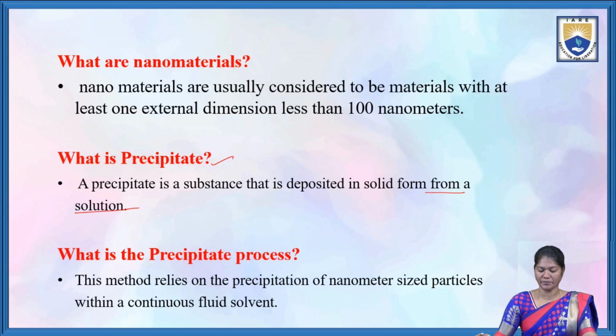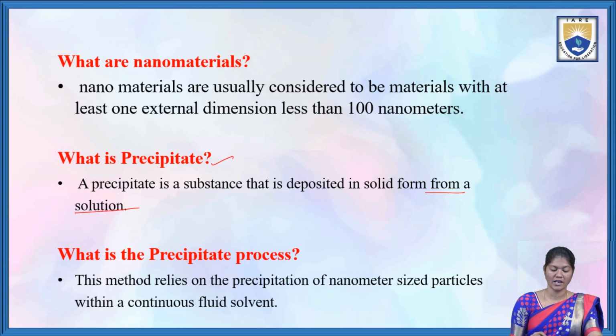The remaining solute will be left at the bottom of the solvent. This leftover substance is called the precipitate. So, a precipitate is a substance that is deposited in solid form from a solution.